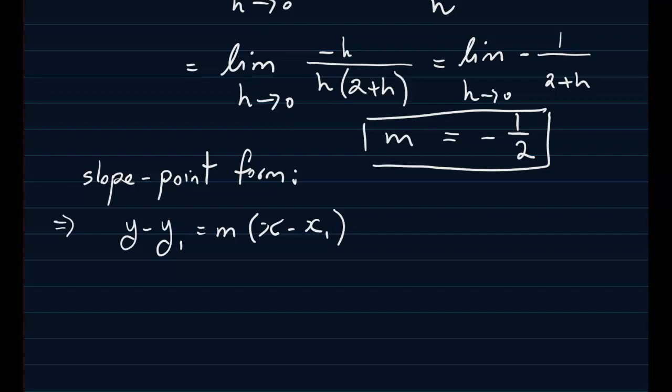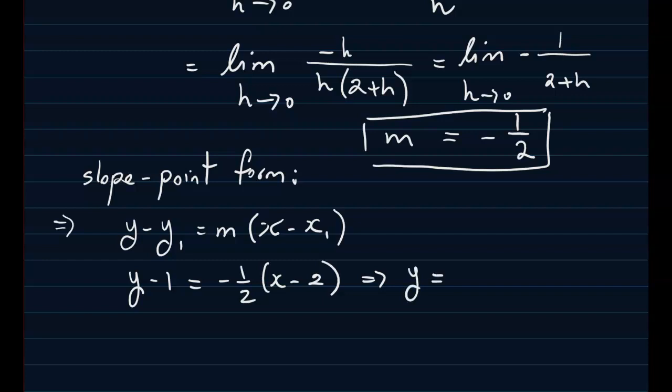So we can just replace, and that will be y minus 1 equals negative 1/2 times x minus 2.